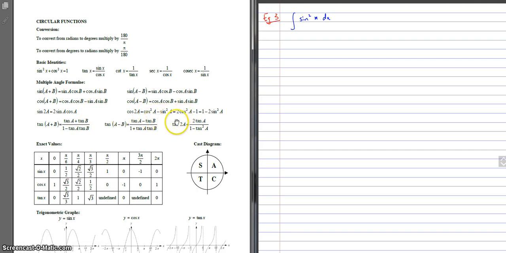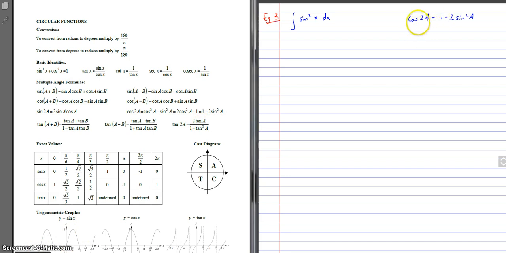If we have a look at that, we can see that cos 2a is equal to cos squared a minus sine squared a, or cos 2a is equal to 2 cos squared a minus 1, or, and this is the one we'll use, cos 2a is equal to 1 minus 2 sine squared a.